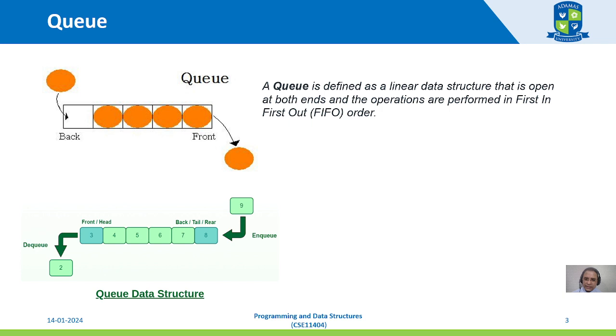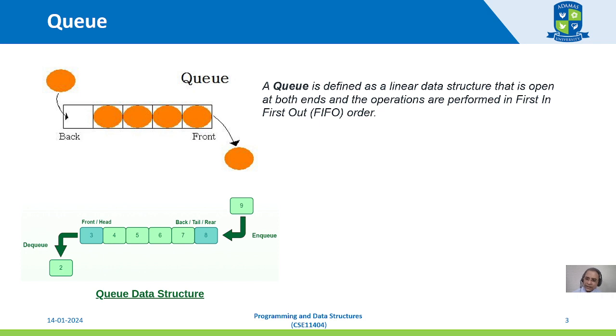So if we consider a queue, the first position will come out first and sequentially it will move on, then the second, then the third, like this.